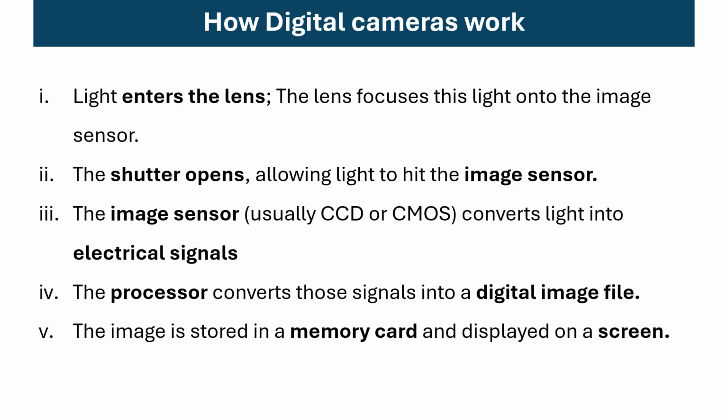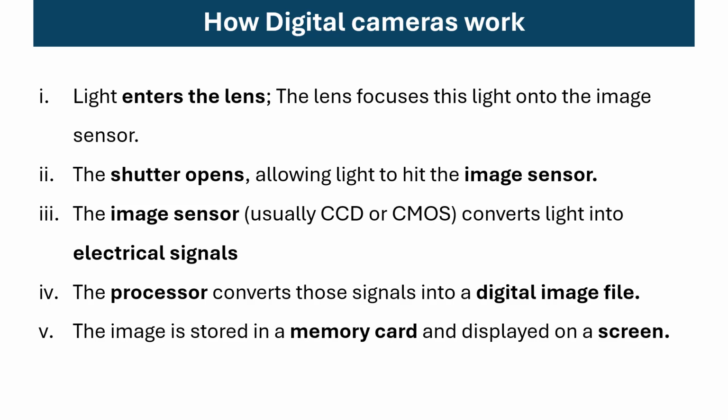See how a digital camera works. Now, when you take a digital camera and focus on a subject or object, the first thing that happens is light enters the lens. The lens focuses this light onto the image sensor. Now, that was the first thing.